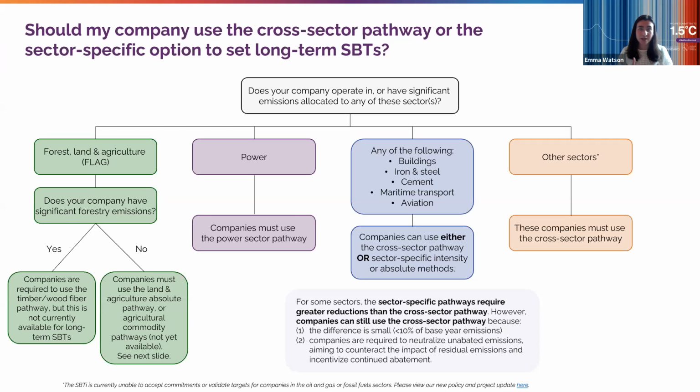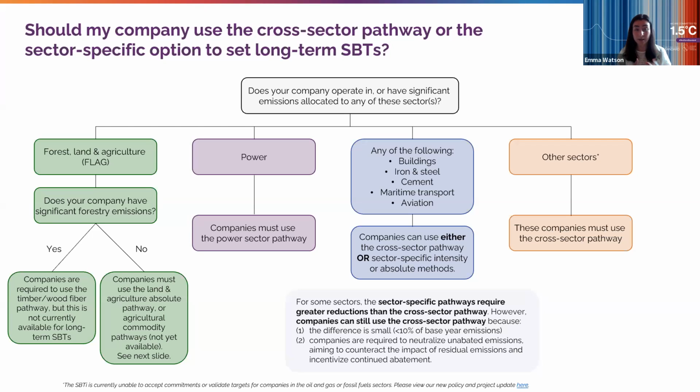Now, it might seem strange that these companies could use either option of targets. And it could be especially strange because sometimes the sector-specific pathways actually require greater reductions than the cross-sector pathway, which requires the 90% reduction. The reason companies can do this is because the difference is relatively small.